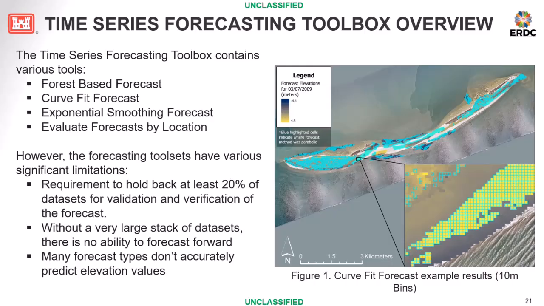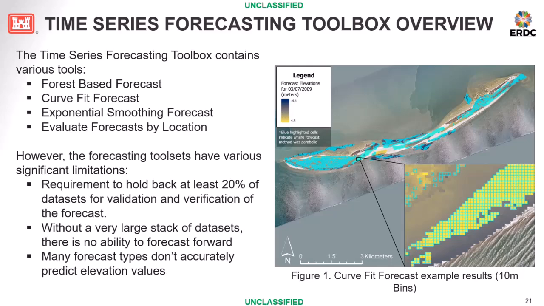In this case, the blue highlighted cells indicate where the forecasting was parabolic. And so that's pretty much all of that offshore area where the values are being projected as land all of a sudden. And I think it's because we just understand natively that, okay, elevations are not going to just magically become parabolic in nature. They're going to be a lot more variable and seasonal and complex than that.